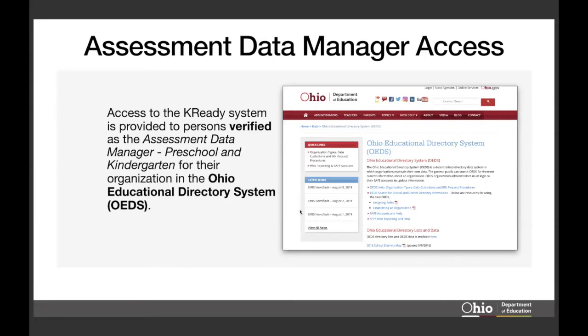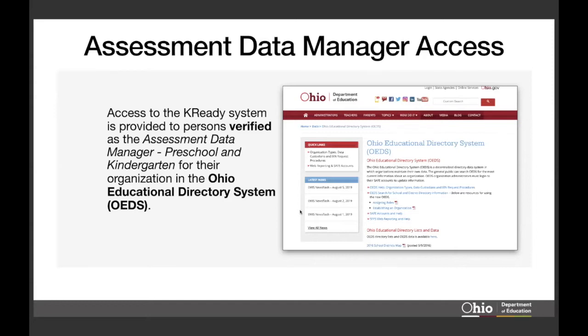Once you are set up as an assessment data manager, preschool and kindergarten in OEDS, you need to reach out to the help desk to have your account set up. You will receive an email once the account is ready. The link that is available in the email will expire after 24 hours. Be sure to check your spam folder if no message is received in the appropriate time frame.